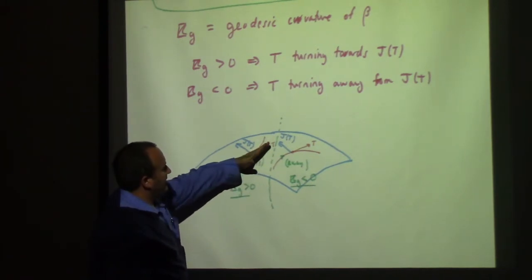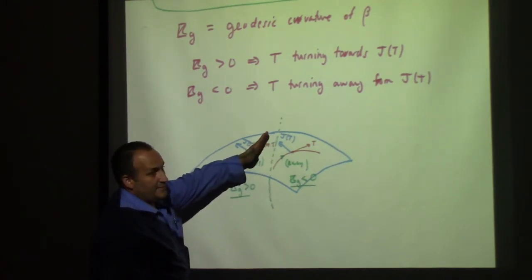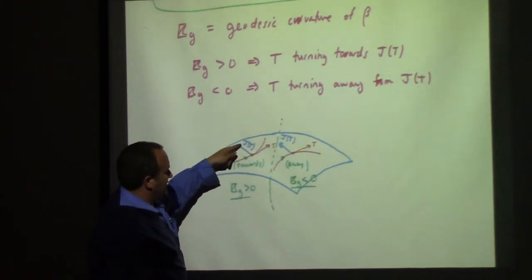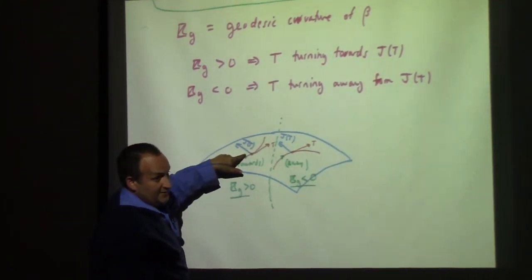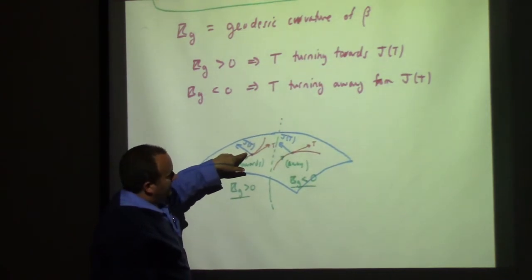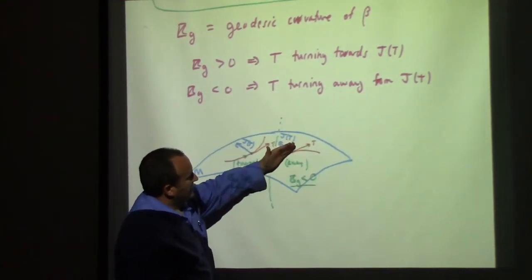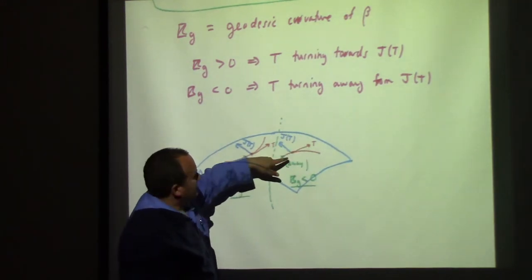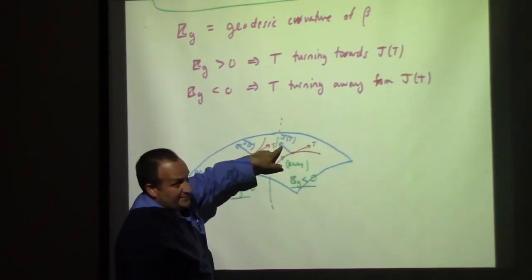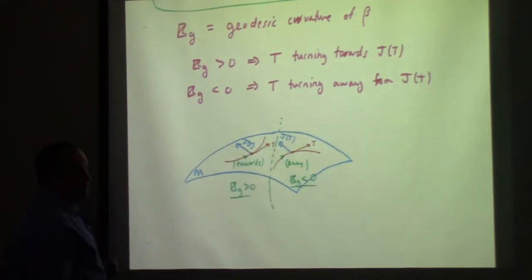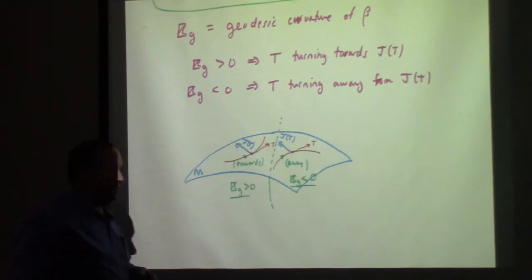The tangent is bending up like that, right? So it's bending towards that J, which is to say that this has positive geodesic curvature. This one here, as you go further along the curve, the tangent is bending down, which is to say it's bending away from that. So that's negative geodesic curvature. So we could either have positive or negative geodesic curvature in this sense.